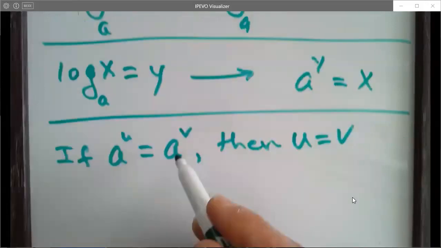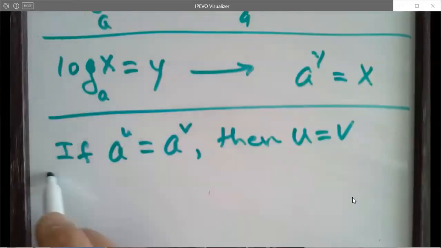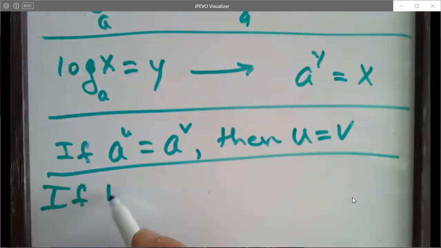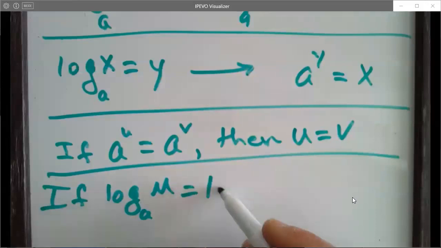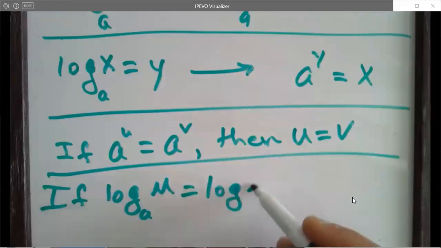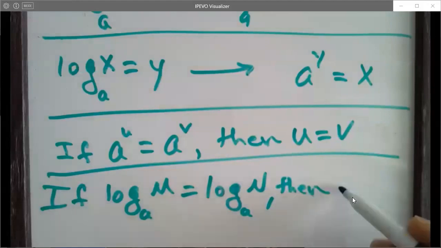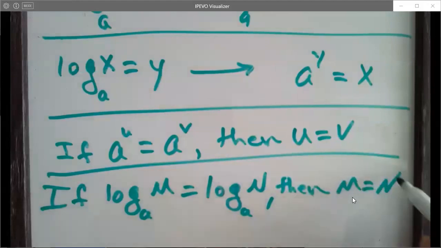And we also talked about if log m base a equal log n base a, then m equals n. Okay, so I'm just going to write those on this one so I can use this other.